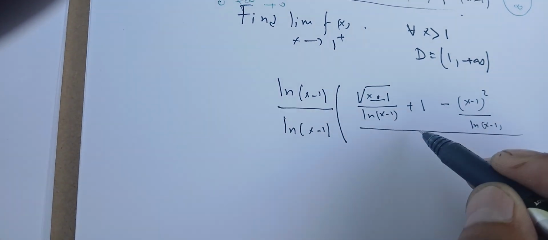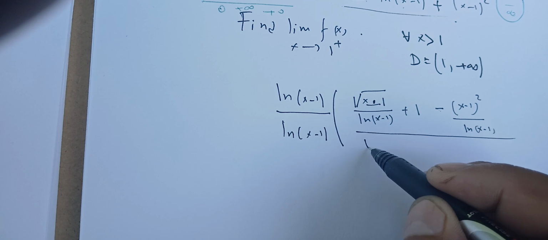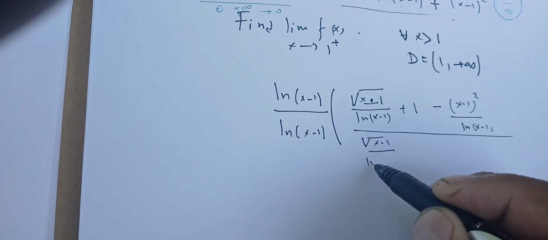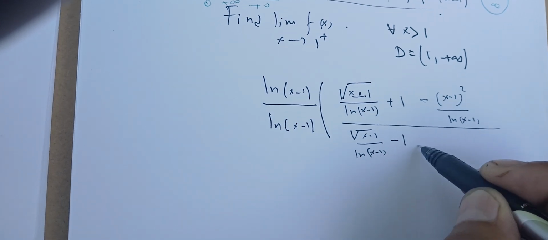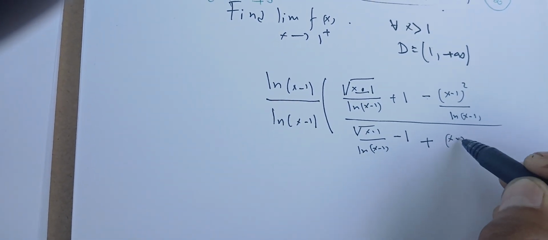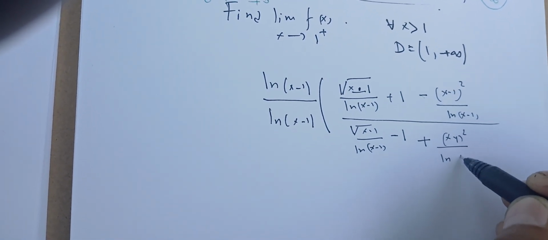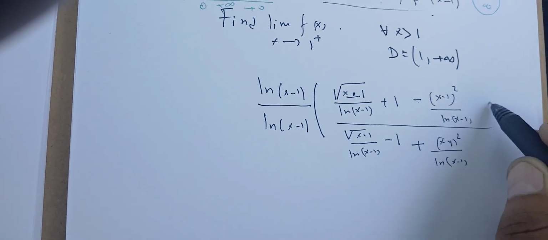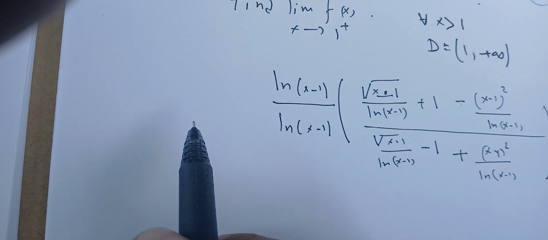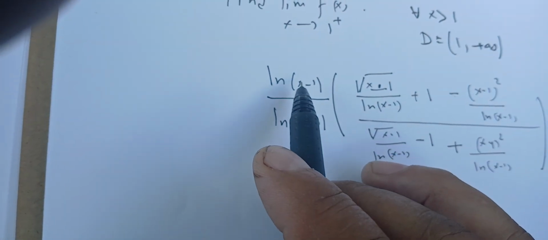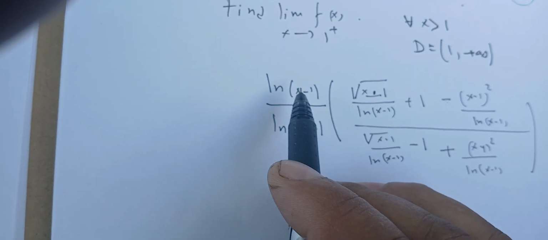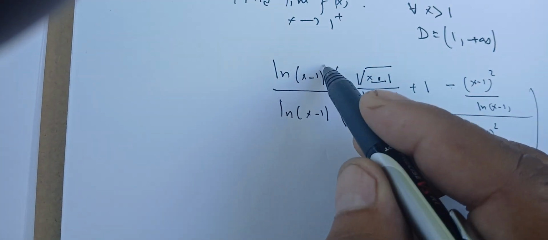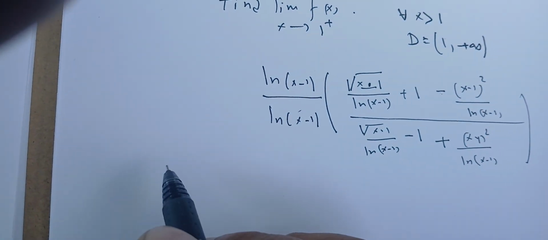And in the bottom, we're going to have the square root of x minus 1 over the natural log of x minus 1, minus 1 plus x minus 1 squared over the natural log of x minus 1. Now we can get rid of this because this is never 0. It doesn't matter if it's positive or negative, but it's never 0. So we cancel this one without worrying about the issue.